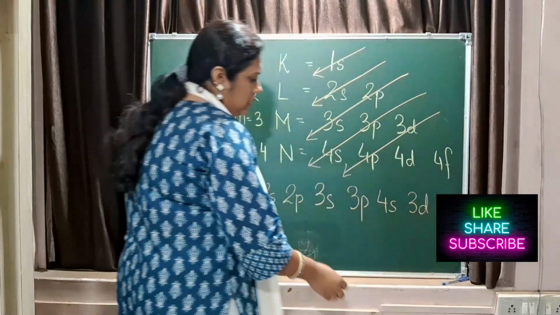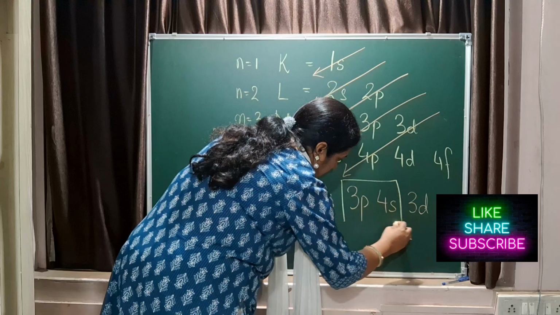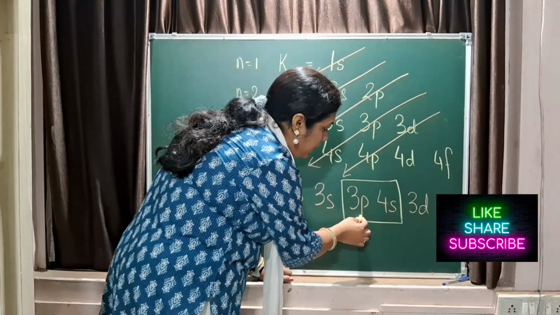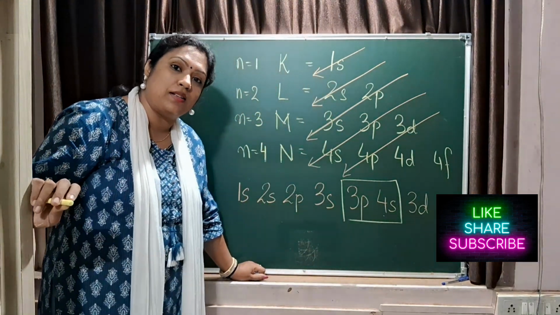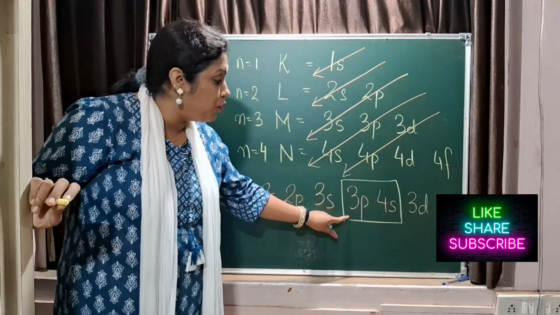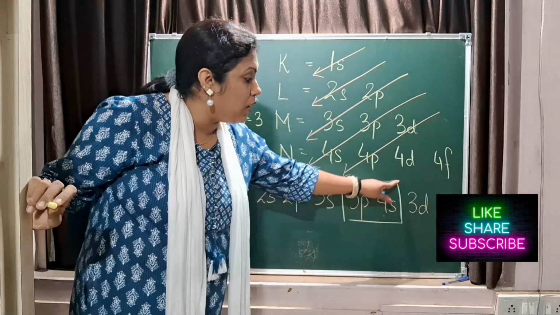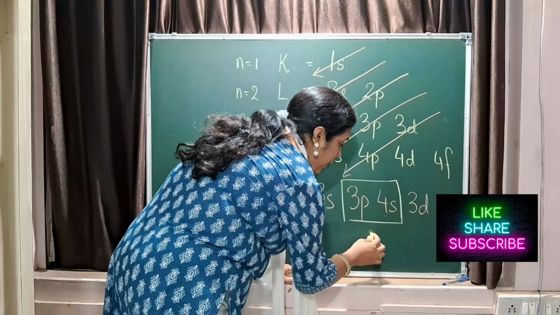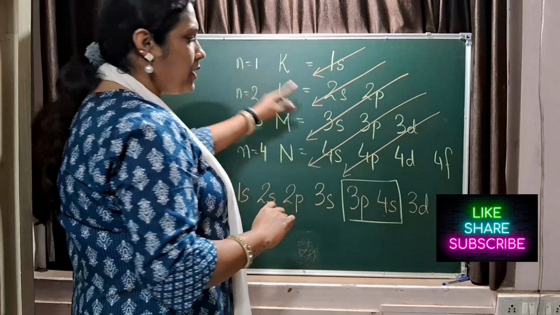I hope you have noticed that first the 3p orbital is getting filled, and then the electrons move to the 4s orbital, that is from the M shell they are moving to the N shell, and once the 4s is full, only then they go back to the 3d. That is the reason why potassium has 8 electrons in its third shell. We will see that. Is this clear first?